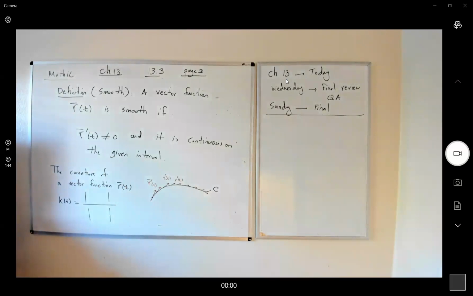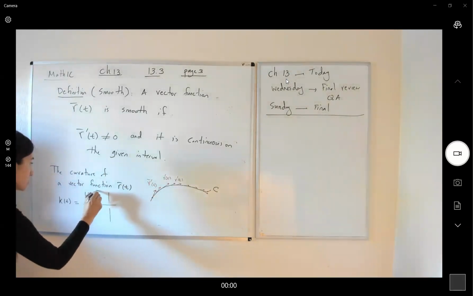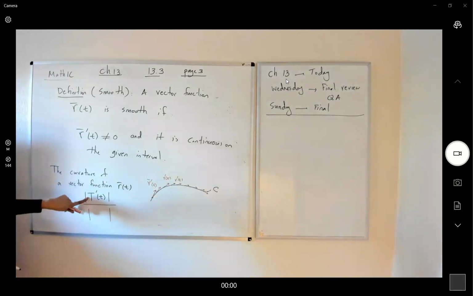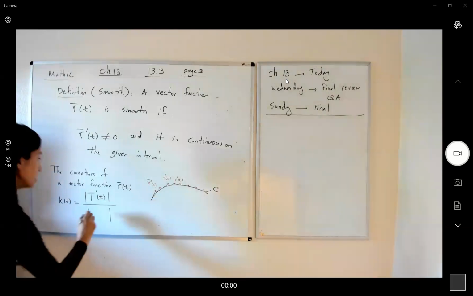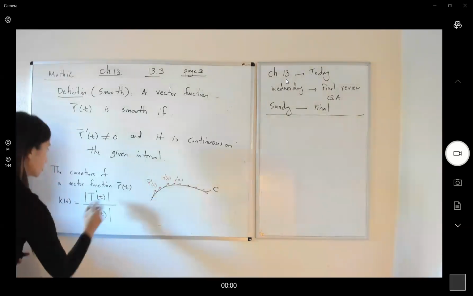It's actually defined as the magnitude of the derivative of the unit tangent vector, divided by the magnitude of your tangent vector.